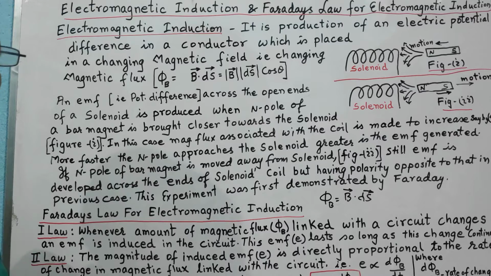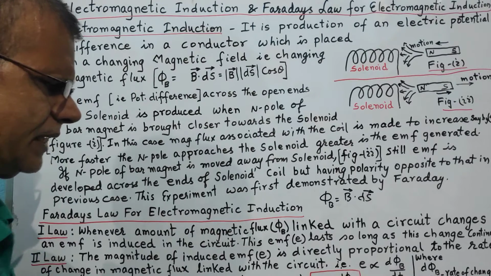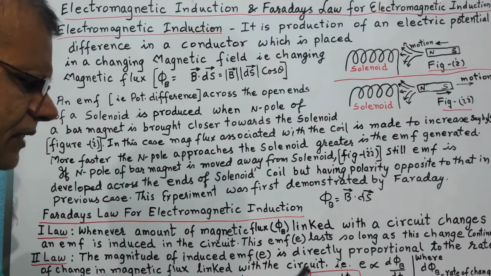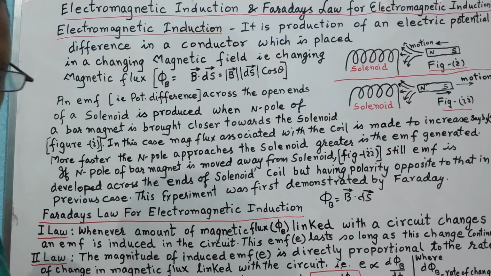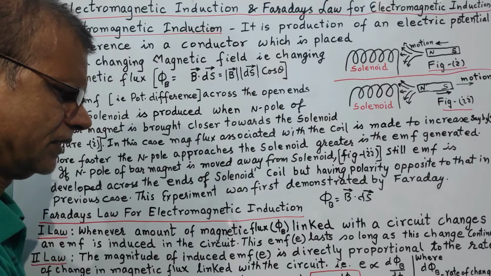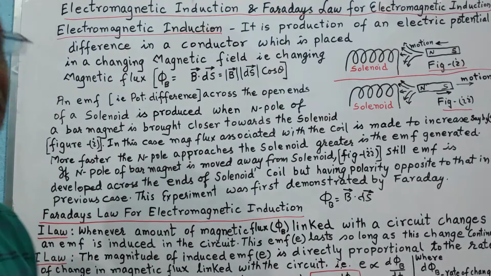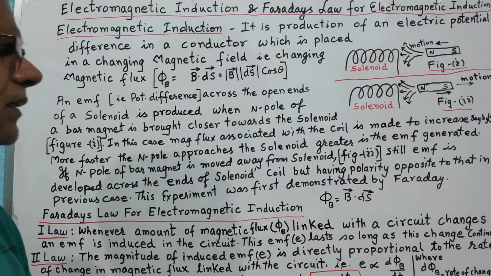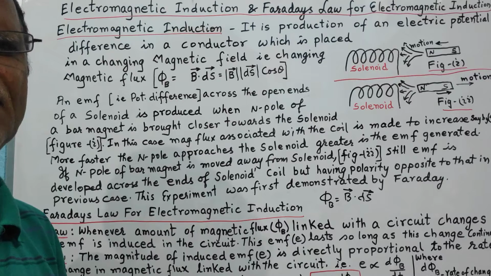Now if we have a proper choice of units of EMF, magnetic flux and time, we can get the relation EMF E equals d phi B by dt. It means the induced EMF is equal to the rate of change in magnetic flux associated with the circuit. This is the second law, and it has great many applications in our life.